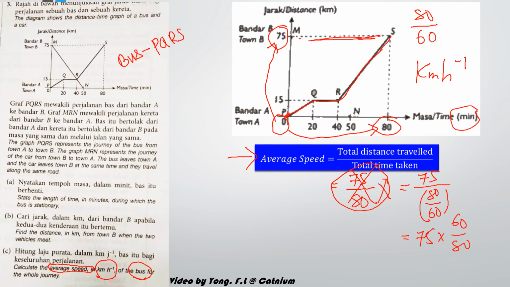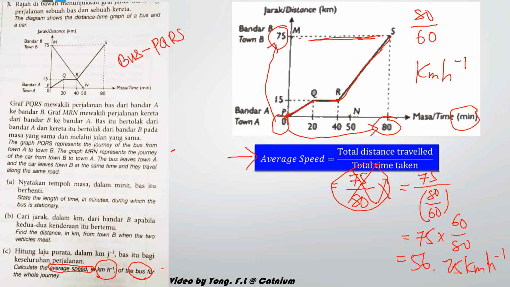75 times 60 divided by 80, so 56.2 km/h.